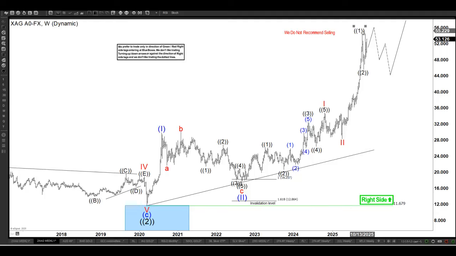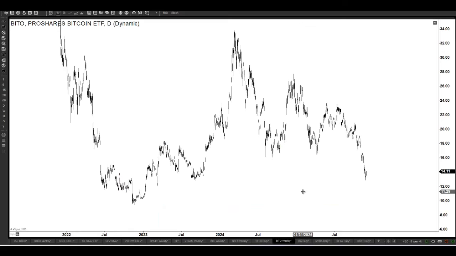So this is how we relate all the groups or all the market to commodities, because we understand they are the same train. I was mentioning a Bitcoin ETF is lagging.